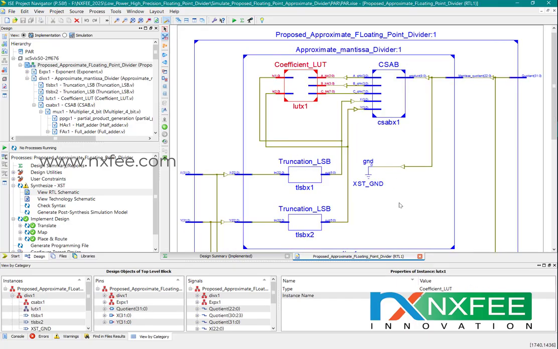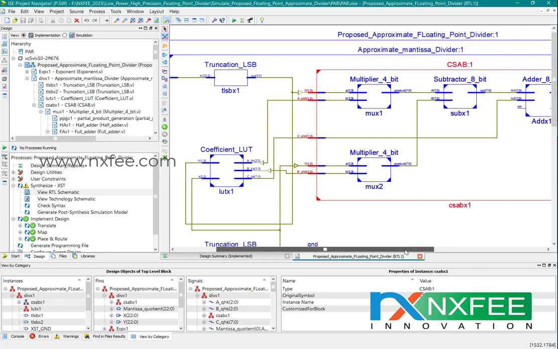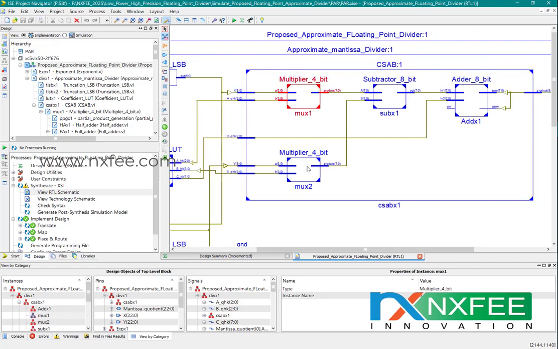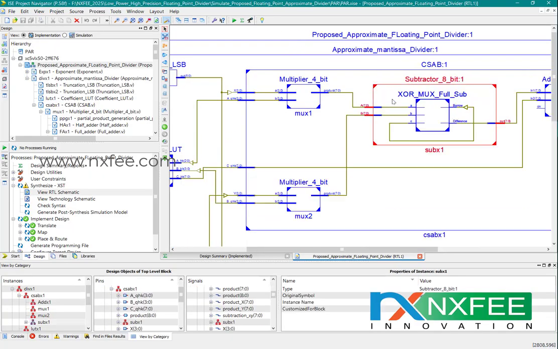The mantissa part has coefficient LUTs, CSAB, and a truncated LSB part. This CSAB has multipliers; we used 2 multipliers, and a subtraction part and adder architecture. This subtraction part is developed using an XOR multiplexer based full subtractor.